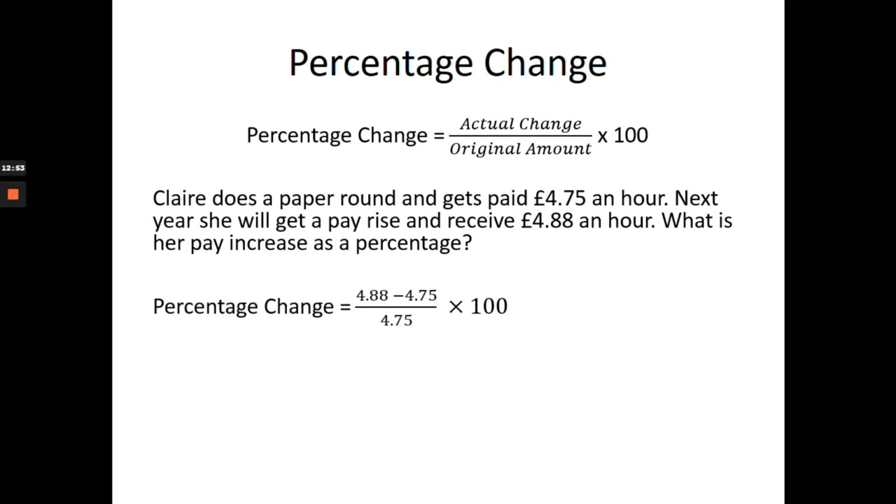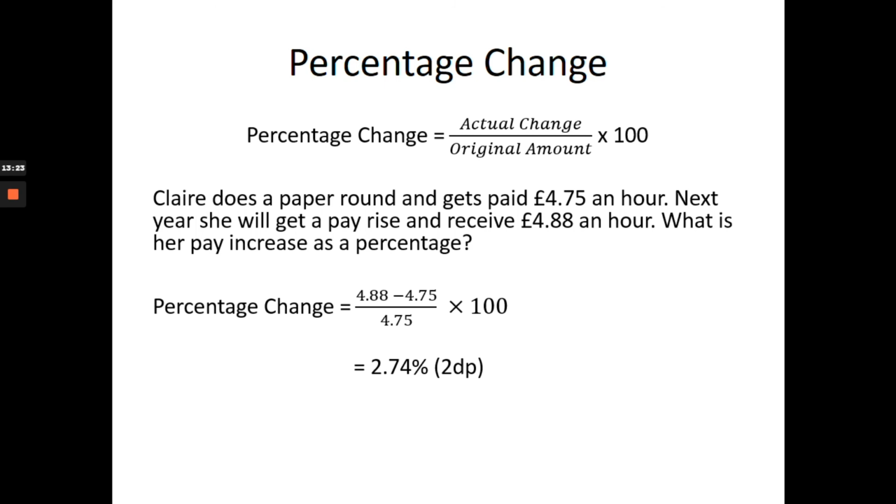So you do £4.88 take away £4.75, divided by £4.75, the original amount, times by 100. That works out at 2.74%. So we'll go through it again. £4.88 take away £4.75 will leave you with 13 pence or 0.13, because we're now in pounds.